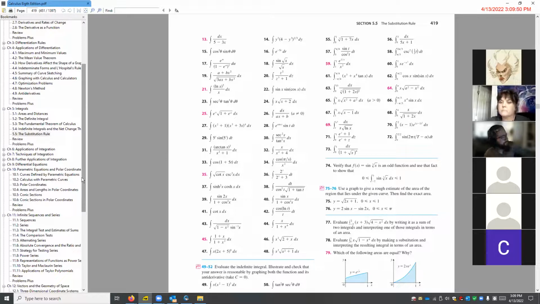So here we have the integral from 0 to 2, x minus 1, e to the quantity x minus 1 squared dx.